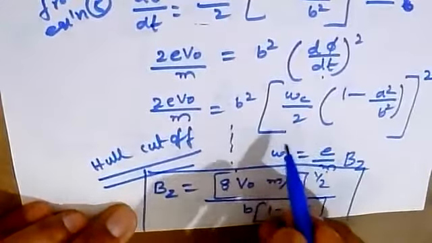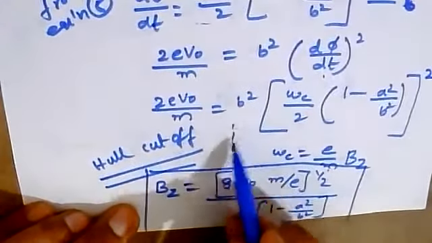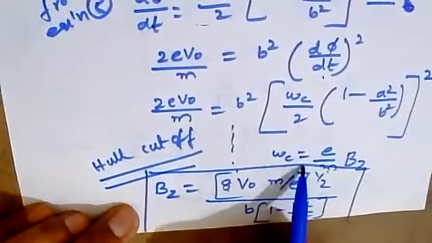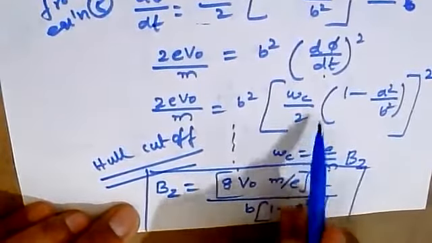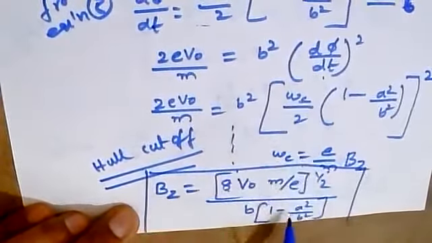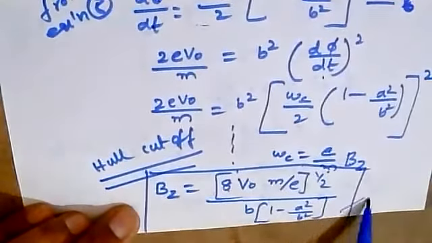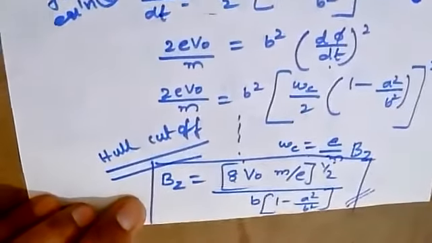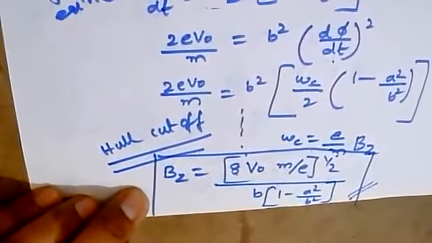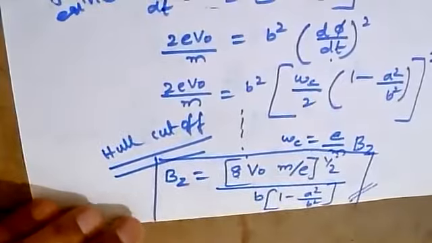As there is no time, I am not extending this. Keep on simplifying and substituting omega c is equal to e by m bz, whatever we have approximated here, and then you will get the bz value. This is the Hull cutoff magnetic field equation, which is used in magnetron.